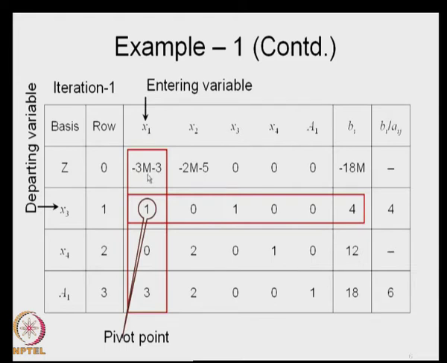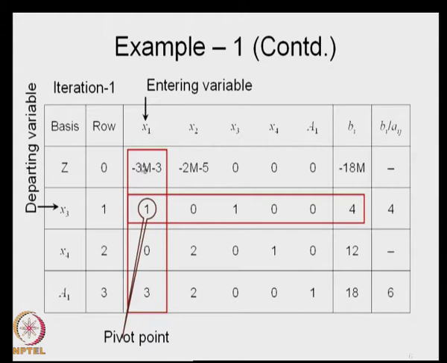So, m will override all other terms, even if you had minus 2 m minus 5 into 10 to the power 6, let us say. But m is so large compared to 10 to the power 6 that minus 3 m will still be a larger negative value. So, this is what you must keep in mind.